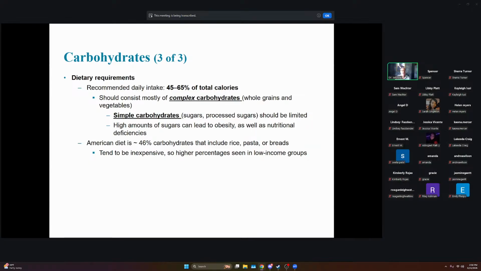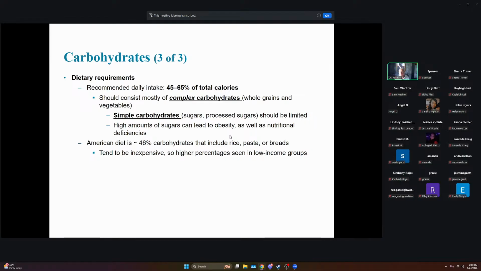So all of these are just estimations based on our body size, our activity level, our metabolic rate, etc. But as a general rule, around 50% of the total calories that we consume should come from carbohydrates. Okay. Now, these are a further breakdown of types of carbohydrates or labels on carbohydrates.